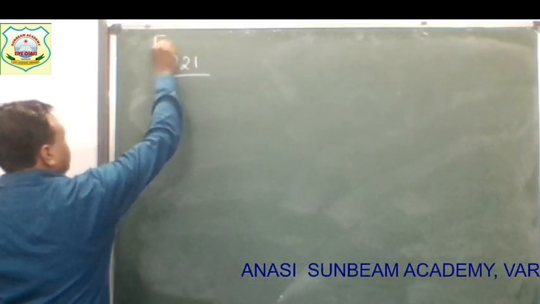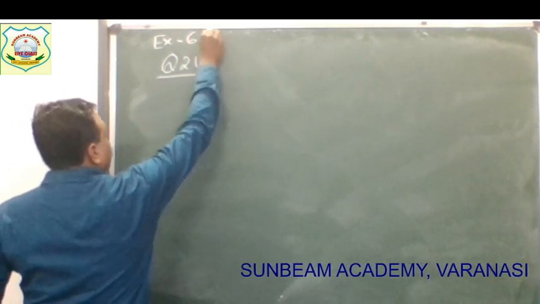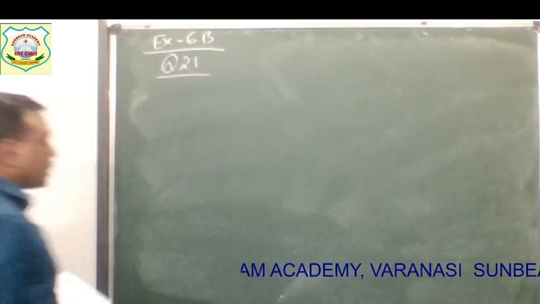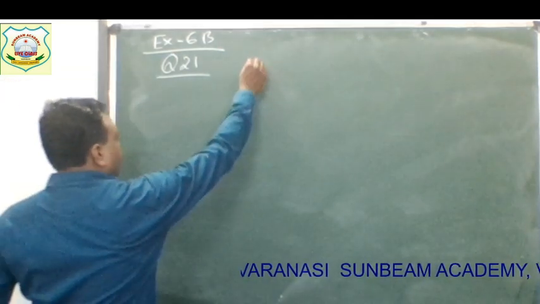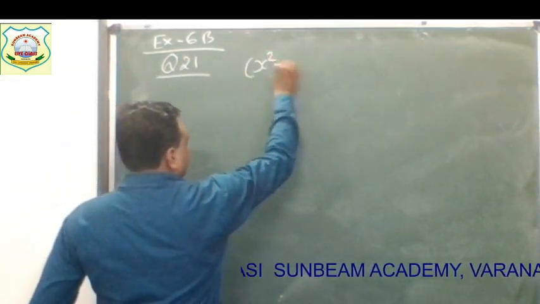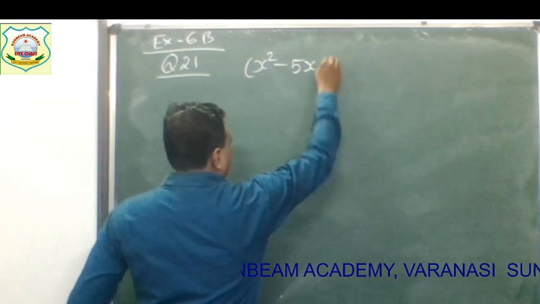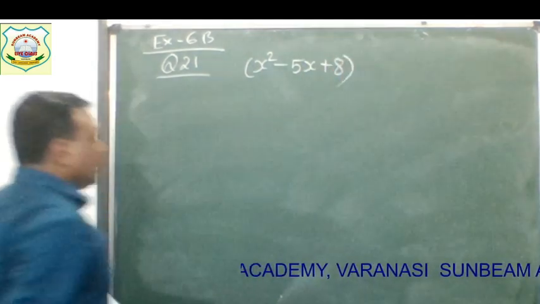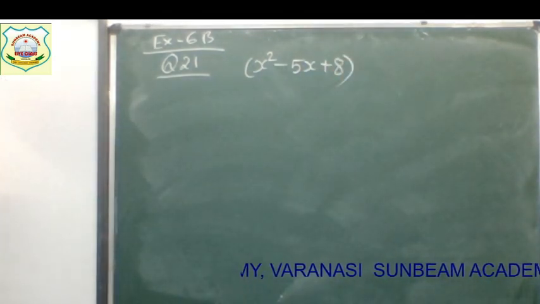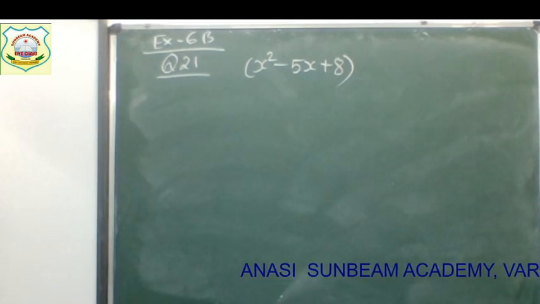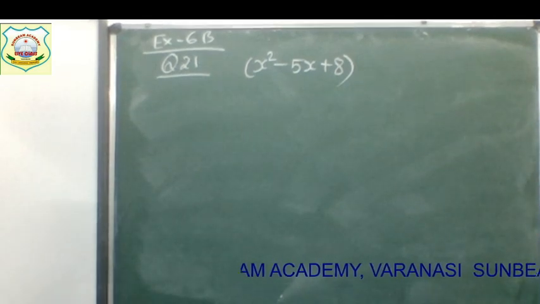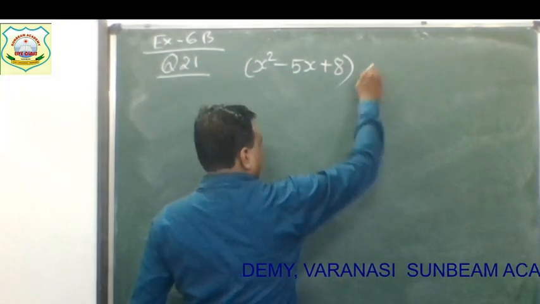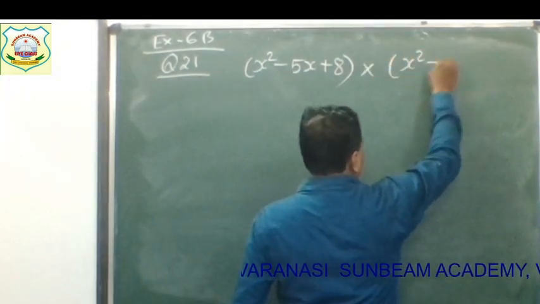Exercise 6B, question number 21. There is given x square minus 5x plus 8, multiplied by x square plus 2.